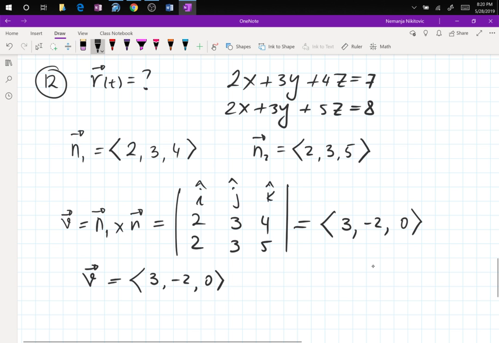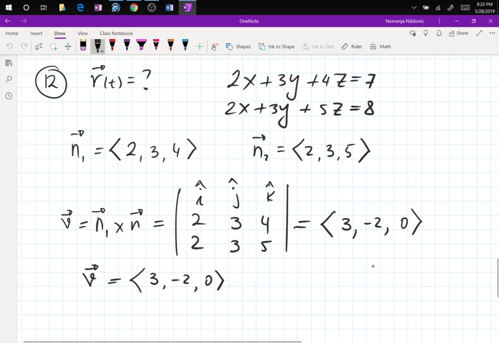So we know that these intersect, right? So if they intersect, and these are polynomials, right? They have infinite domains in each direction.